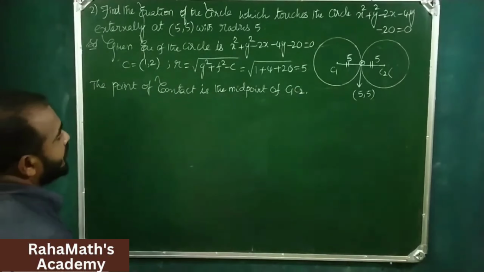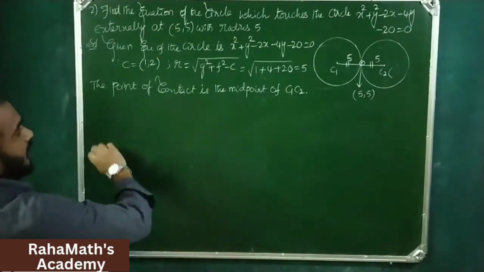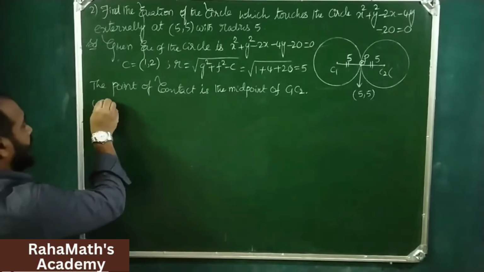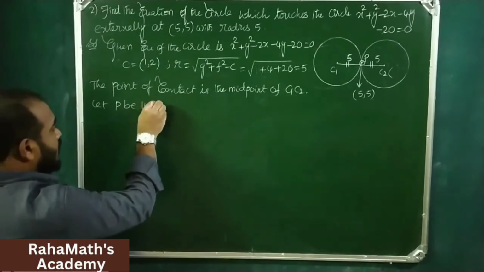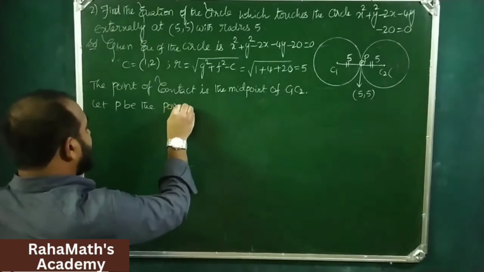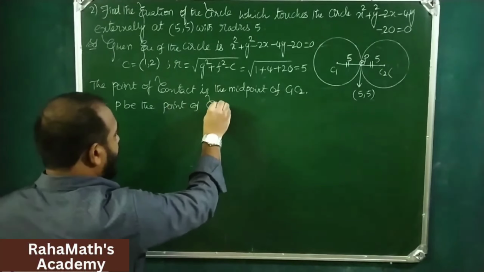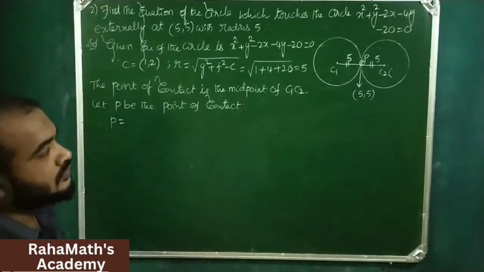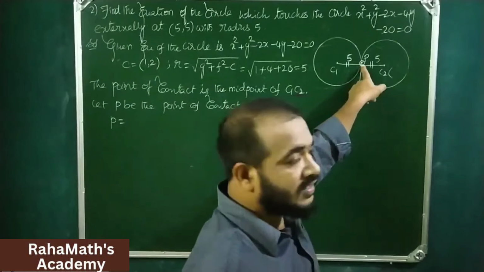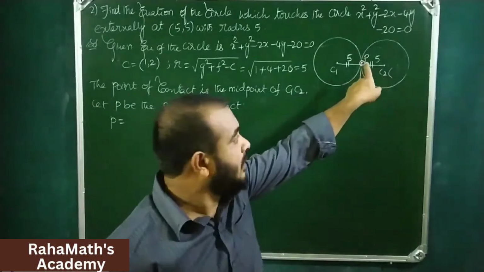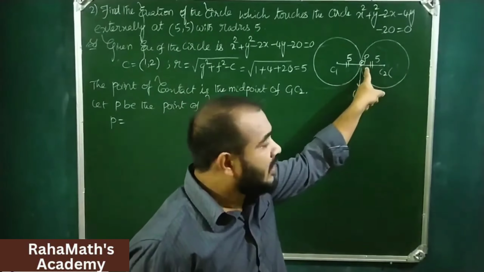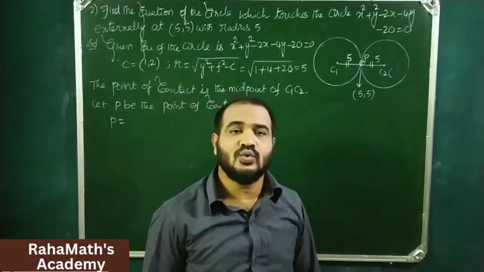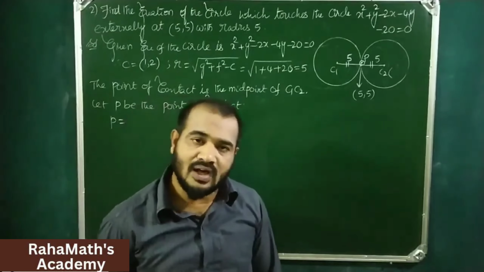So let P be the point of contact. Then P is basically the internal center of similitude: R1x2 plus R2x1 by R1 plus R2, R1y2 plus R2y1 by R1 plus R2.